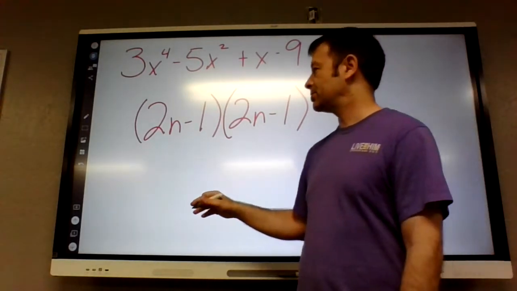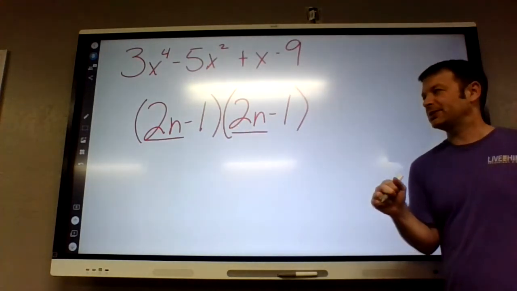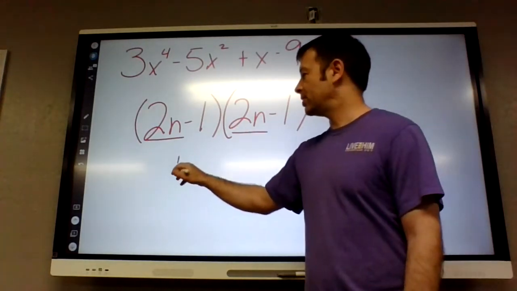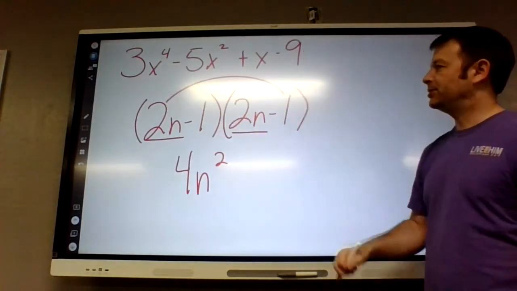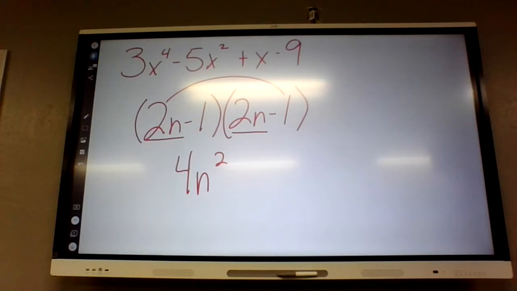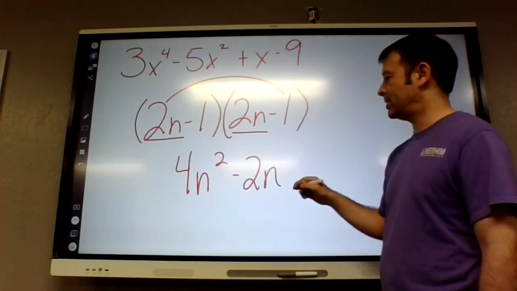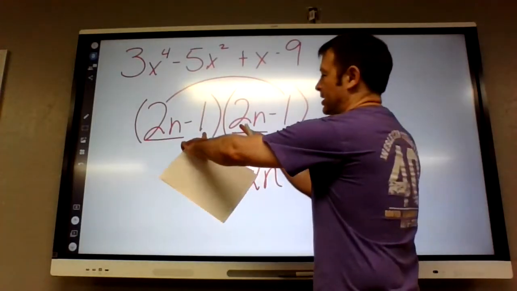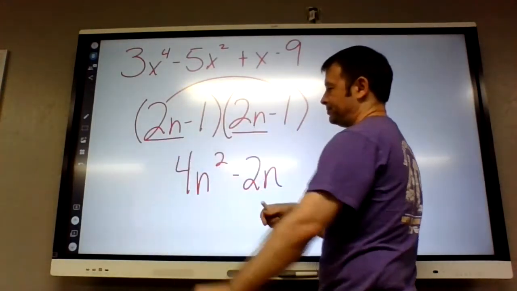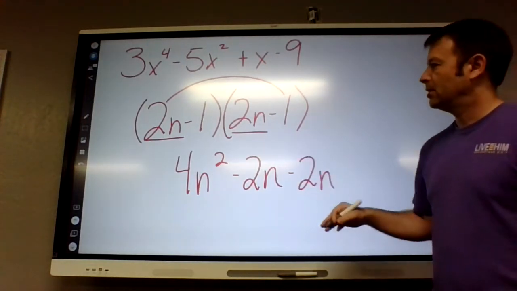So first, 2n times 2n makes 4n squared. Okay, outside, 2n times minus 1. Minus, right, negative 2n. One negative makes it negative. Multiplying by 1 does nothing. Inside, negative 1 times 2n. Same thing, right? Which makes a negative 2n.